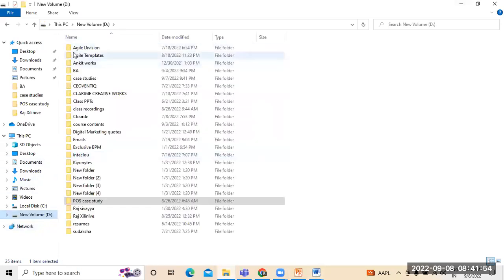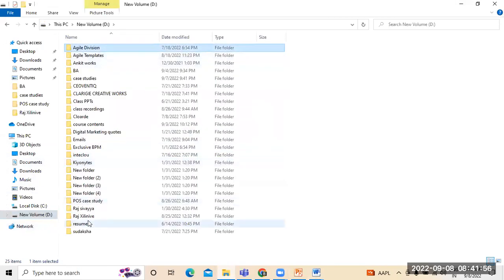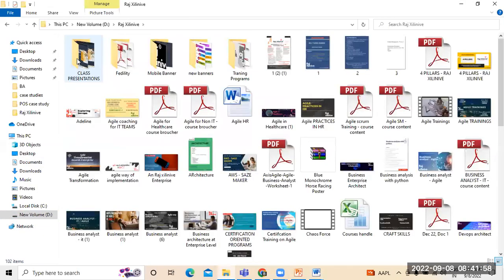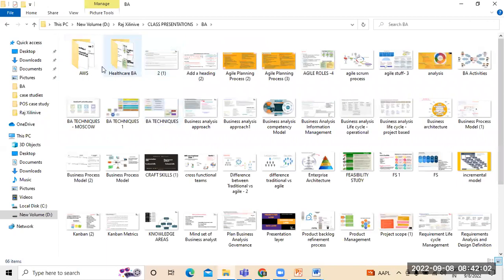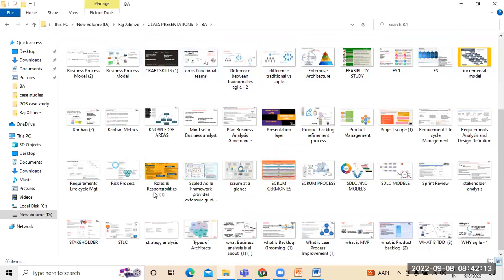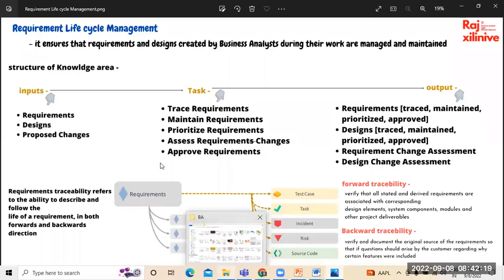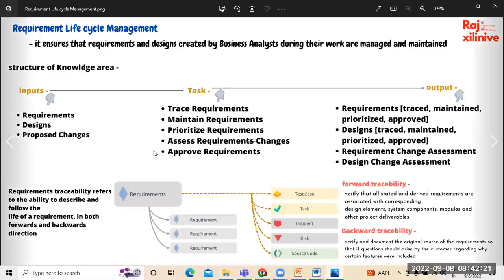So when you talk about requirement lifecycle management, the next one was that, right?